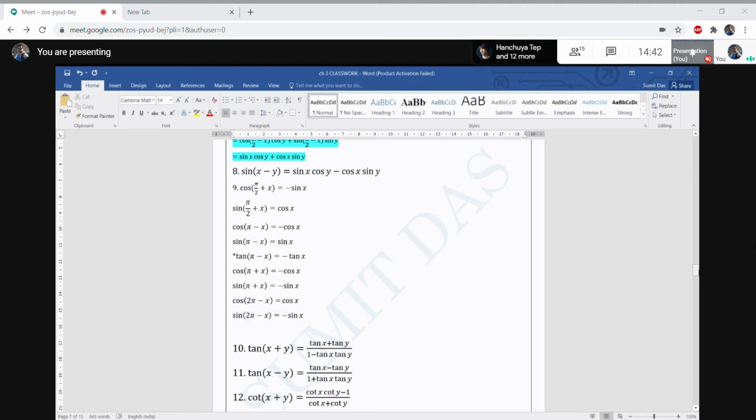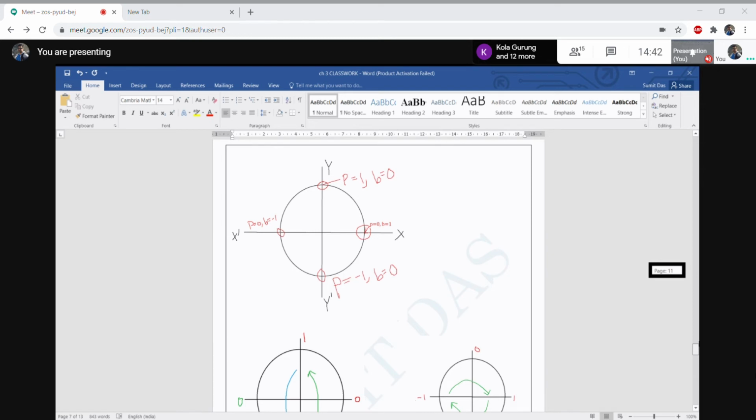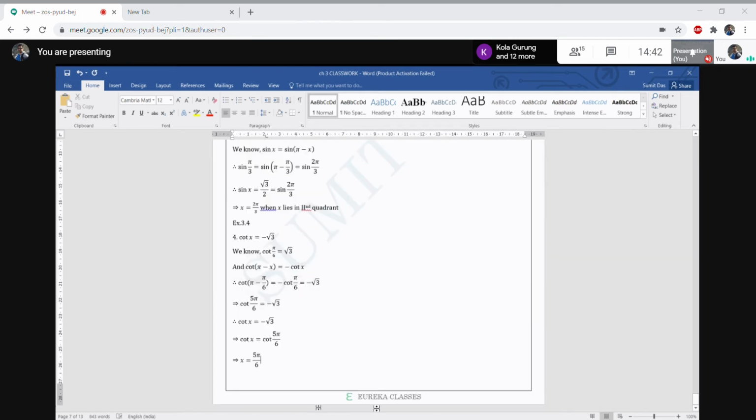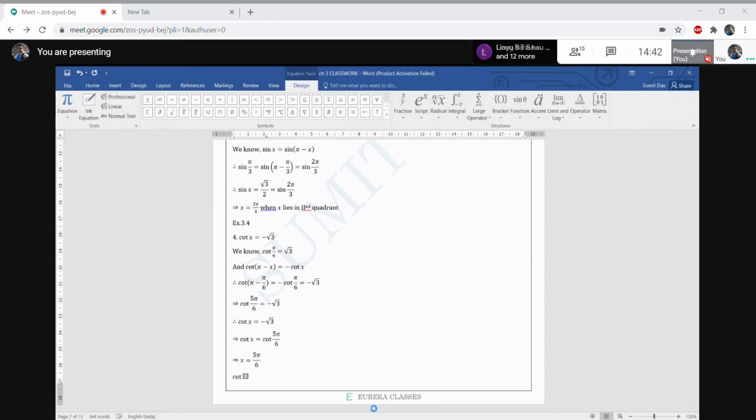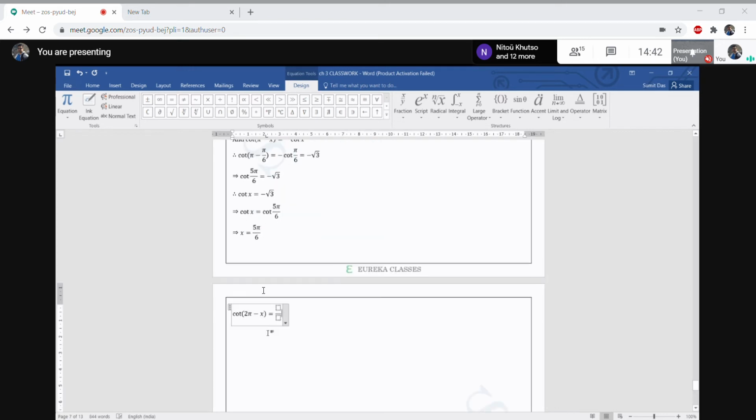So what will be cot(2 pi minus x)? Let's write it. Cot(2 pi minus x) equals cos(2 pi minus x) divided by sin(2 pi minus x).